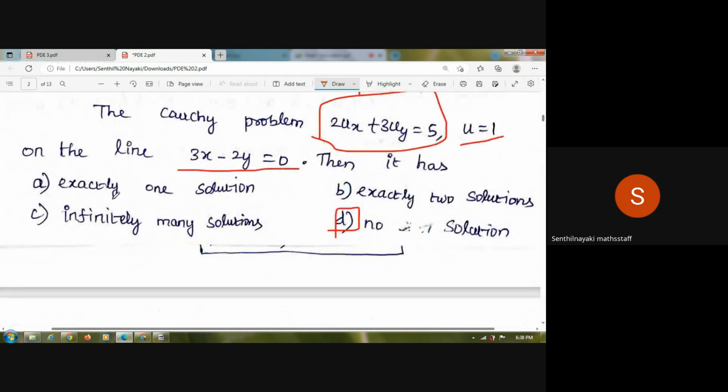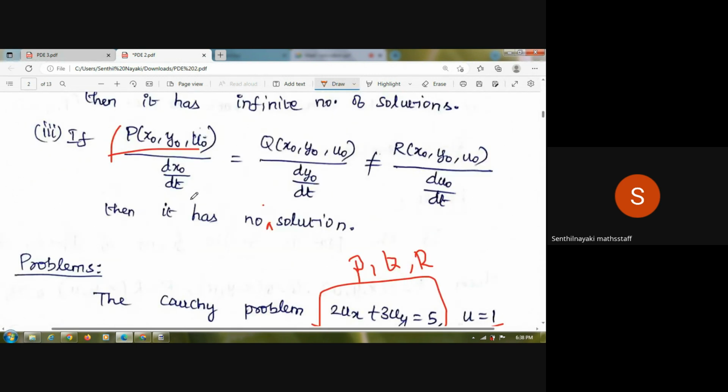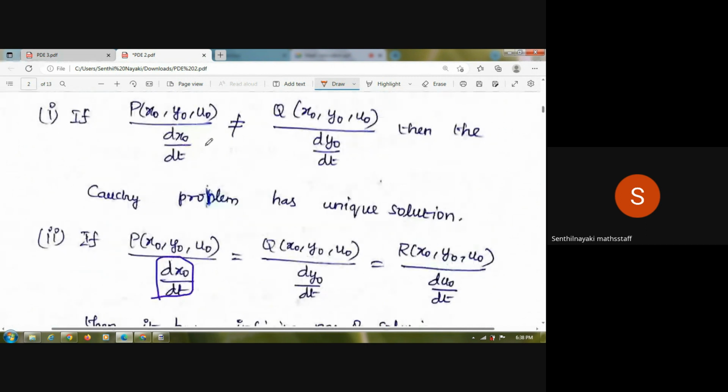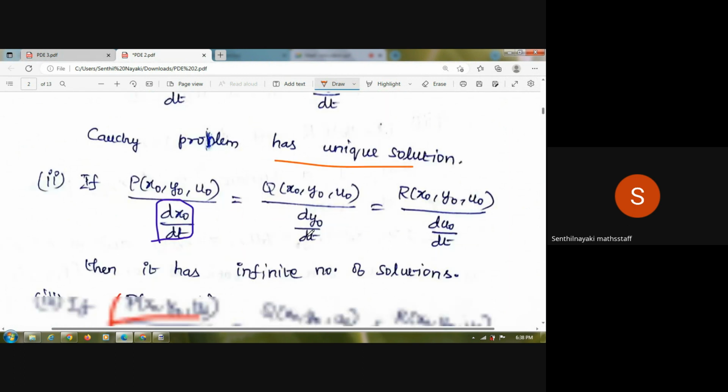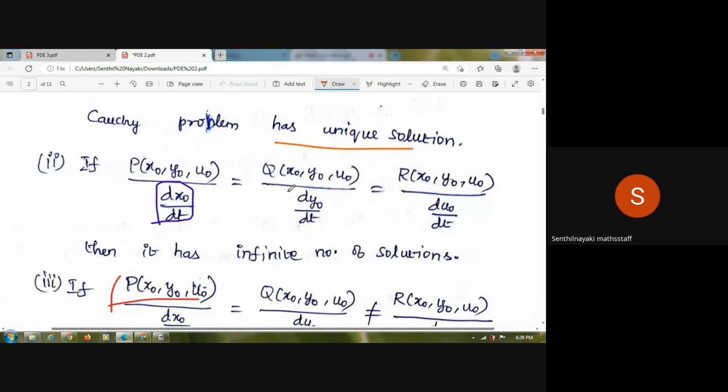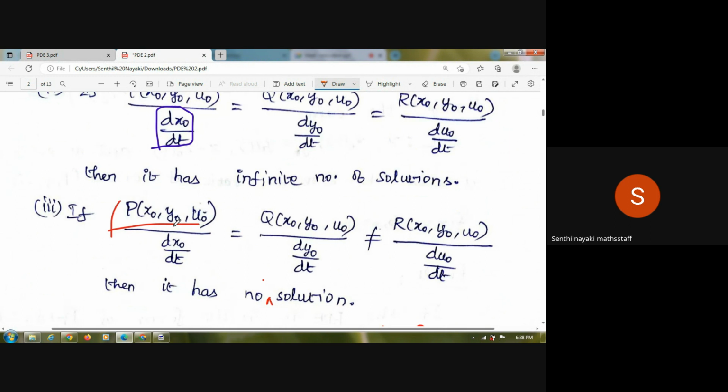With the help of this condition, if the first ratio is not equal to the second ratio, we get a unique solution. If the first two ratios are equal and that is equal to the third ratio, then it has an infinite number of solutions. If the first and second ratios are equal, but it is not equal to the third ratio, then it has no solution.